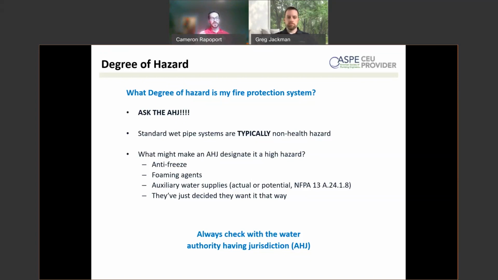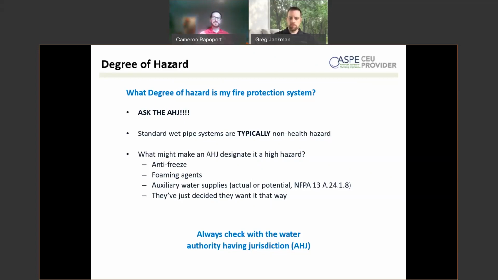A potential connection could even just be a nearby reservoir, pond, or body of water that the firefighters could potentially hook up to if they come with a pump truck. So even just a nearby auxiliary source could be enough for an AHJ to want that higher level of protection on the fire sprinkler system.